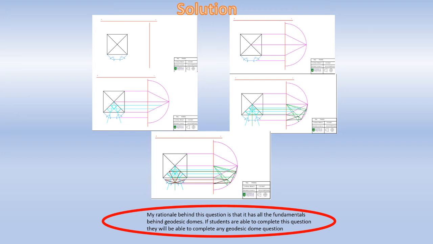Then we rotate where they touch the edge to the center line and bring them across. This is a key aspect of drawing one side of the geodesic dome.